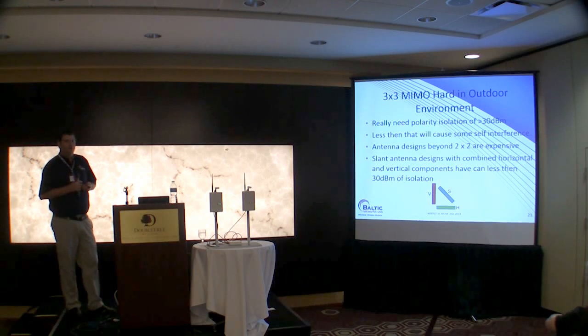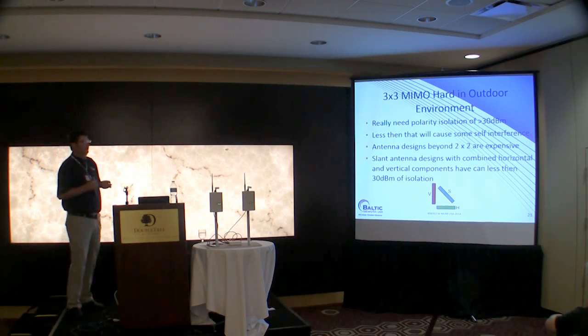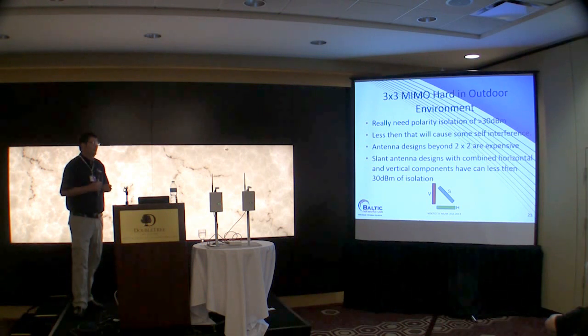3x3 is a little more challenging and interesting in an outdoor environment. This diagram down here shows our vertical and horizontal component. Now we have a slant component. And the problem with this is it introduces cross-pol interference, and cross-pol interference causes the modulation rate to decrease.